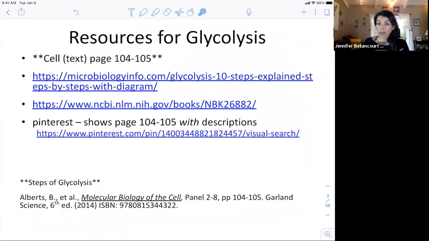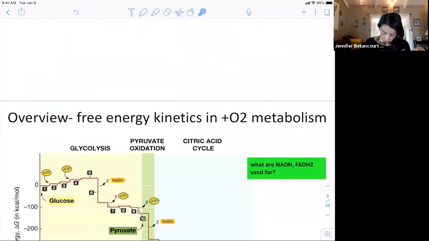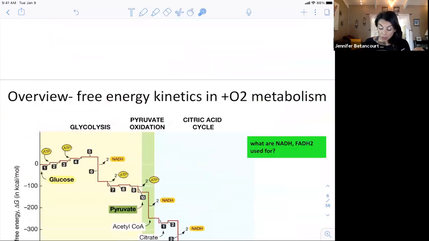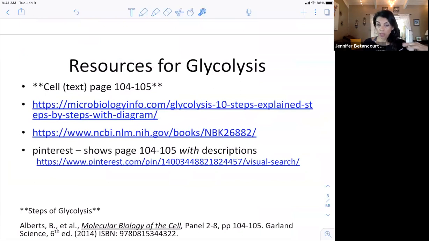I've posted some extra resources for glycolysis for you. If you do have the textbook, the pictures that are in my slides today come directly from the text, Molecular Biology of the Cell. But I've also included some other resources for you.